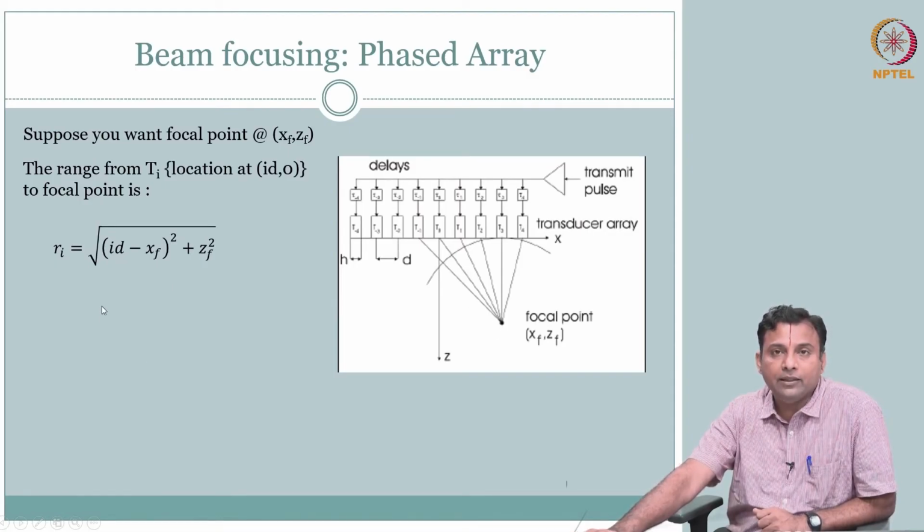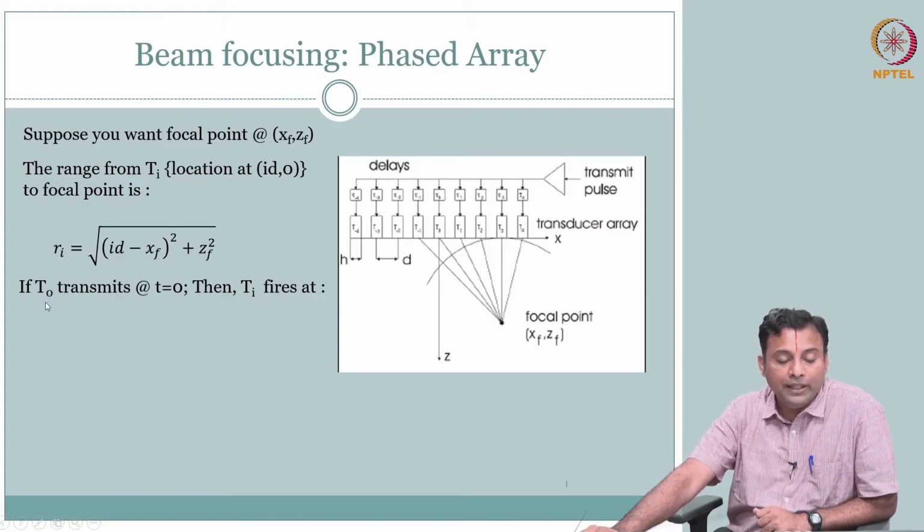However, what are we interested in? We are interested in the time delay between T1 and T2, T2 and T3, and so on. When should you excite each of the crystals? That means path length is one criterion. If you assume T naught transmits at t equal to 0, then Ti should fire to compensate for the extra path length, R0 minus Ri, divided by c.